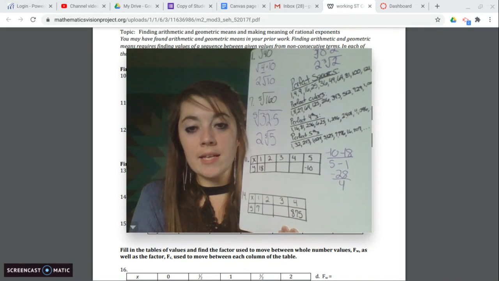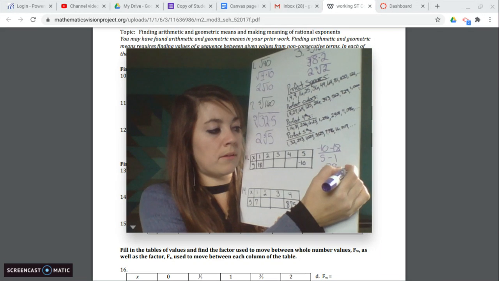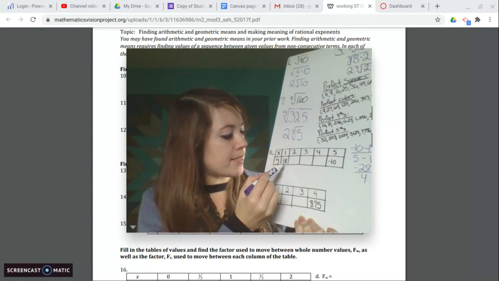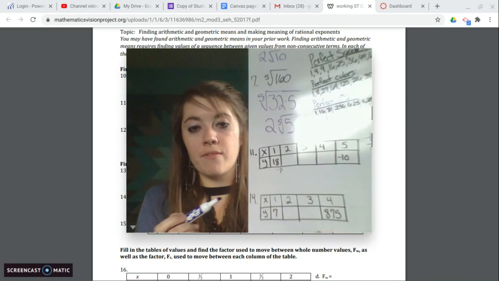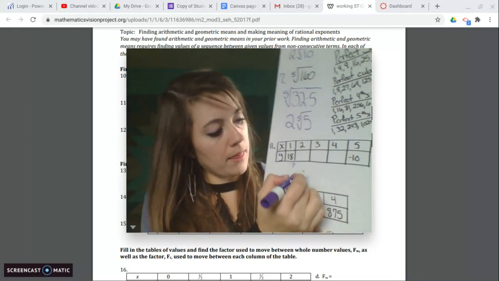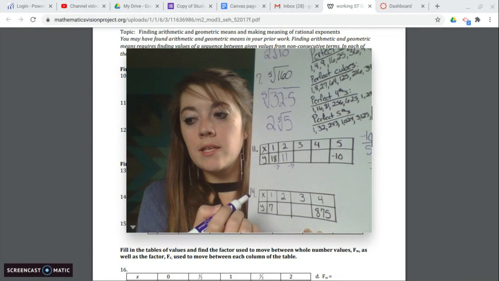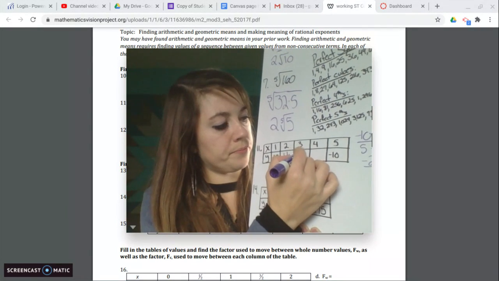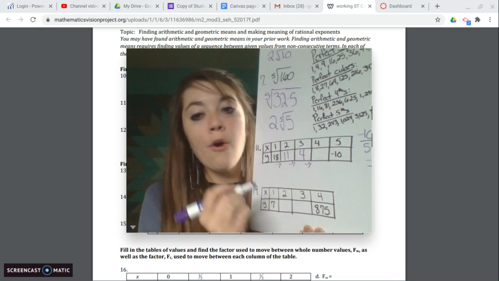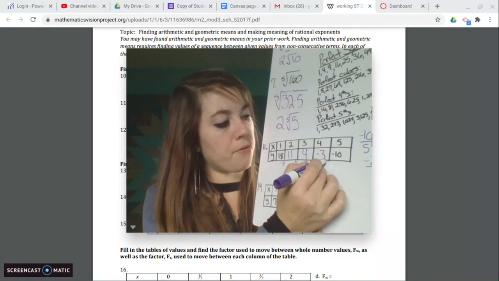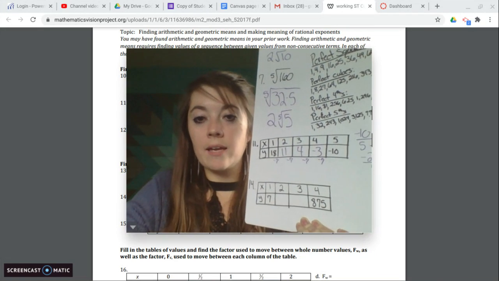And negative 28 divided by 4 is negative 7. So 18 minus 7 is going to give us 11. 11 minus 7 is going to give us 4. 4 minus 7 is going to give us a negative 3. And negative 3 minus 7 is going to give us negative 10.